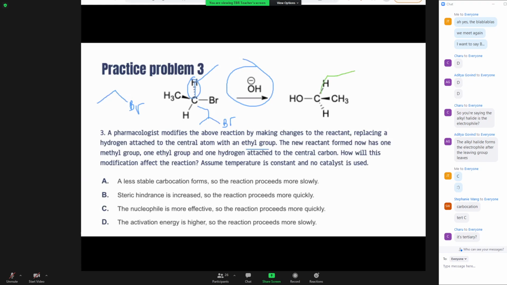Yeah, exactly. This reaction will go slower because, if you haven't been able to see already, this is an SN1 reaction. Originally you had a primary alkyl halide, and now you have a secondary alkyl halide.